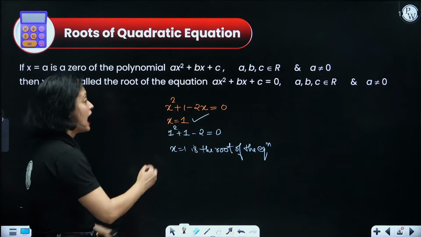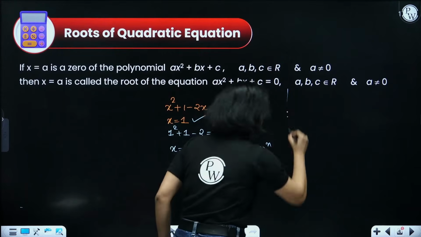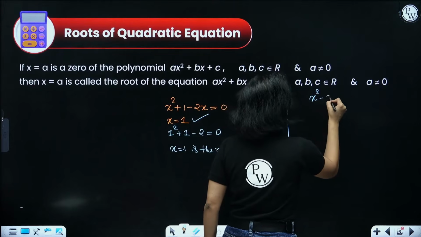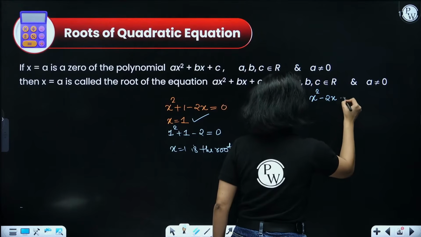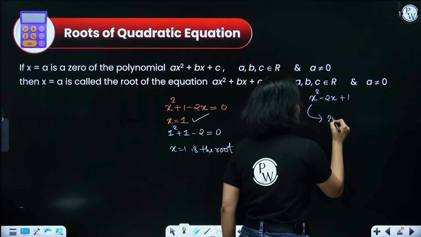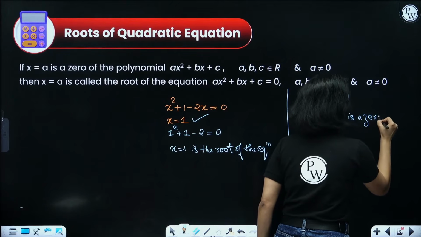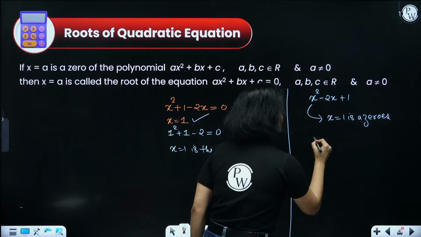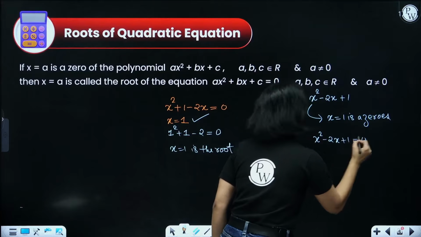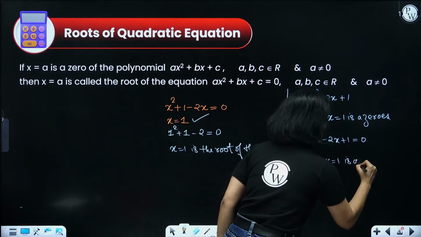Now, how is this related to a quadratic polynomial? So remember, guys, if I have a quadratic polynomial x square minus 2x plus 1, this is a quadratic polynomial, guys, and I will say that x is equal to 1 is a zero of this polynomial. Right? Now, as soon as I equate this entire polynomial to 0, this same x is equal to 1 becomes a root of the equation.